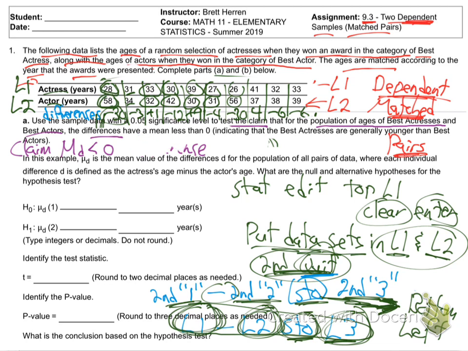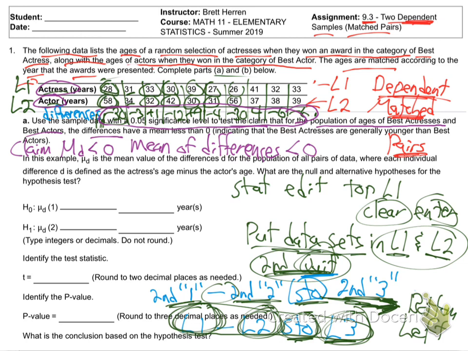Well, if you look at these differences right here, these are the differences, right? Whoops, I missed that last one. These are the differences between the actress age minus the actor. The claim is that the mean, the average of those differences, is less than 0.